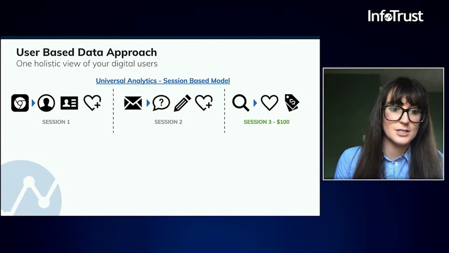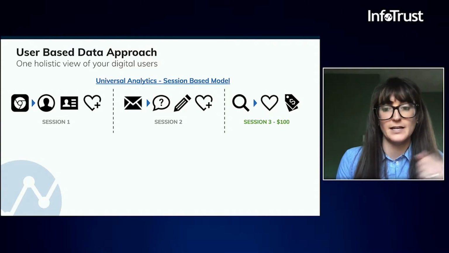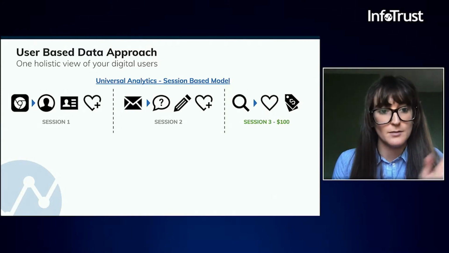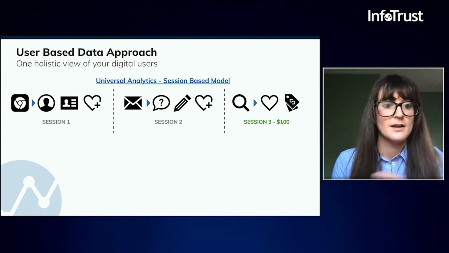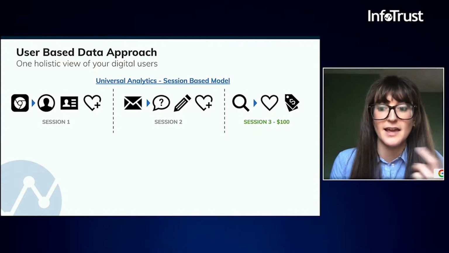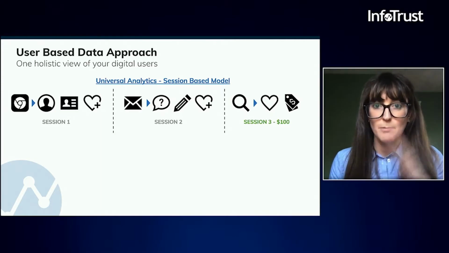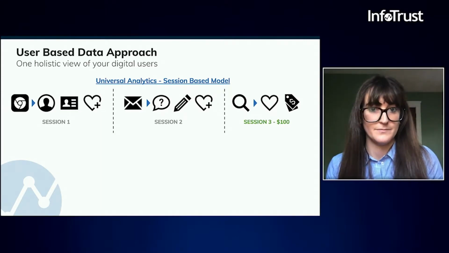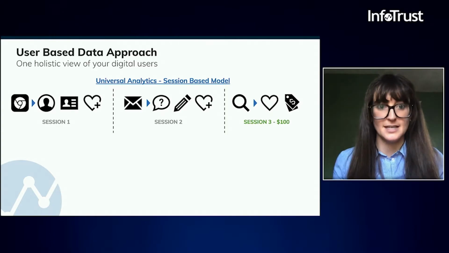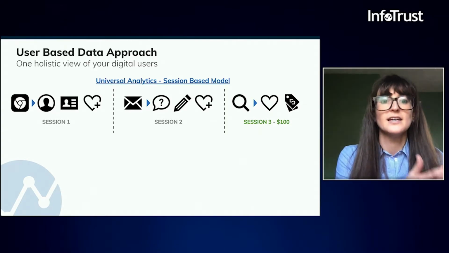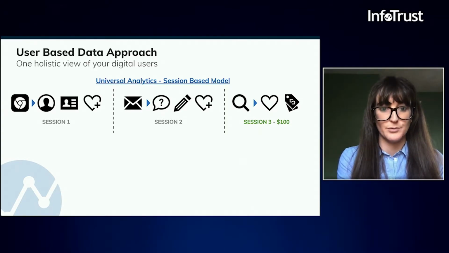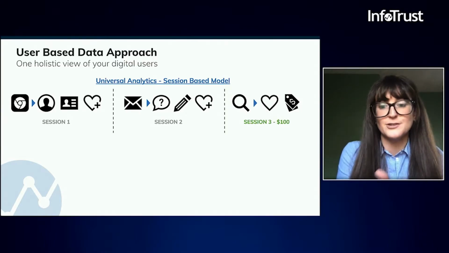So in the first session here, they find a product listing ad, they come to your website for the first time, they set up an account, they add different preferences, and they favorite some items, but they don't purchase. So right now, that session, from a traditional e-commerce conversion rate standpoint, they just did some stuff and left.